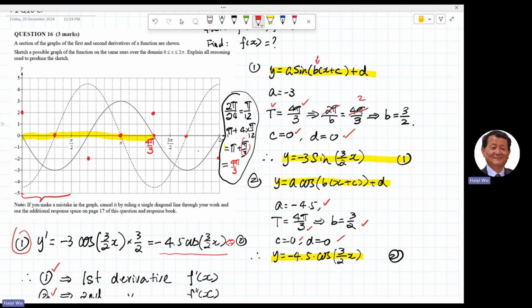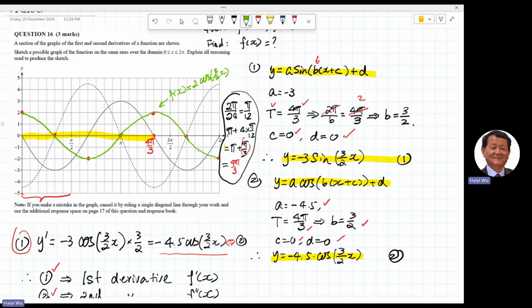Let's use green color to join those dots. So that's f(x) equals 2 cosine 3 over 2 x.